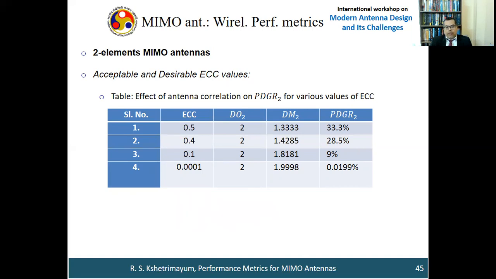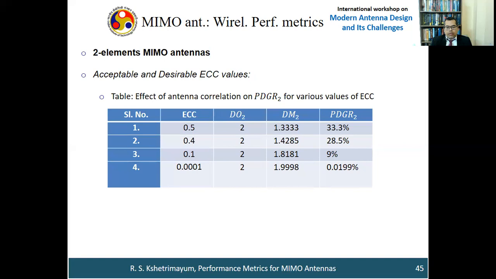Let's say you consider an ECC of 0.1, the percentage diversity gain reduction is 9%. So this is acceptable. The acceptable value for the ECC, 0.5, should be changed to 0.1. And the desirable value should be 0.0001. In that case, you can see that the percentage diversity gain reduction is less than 0.2.